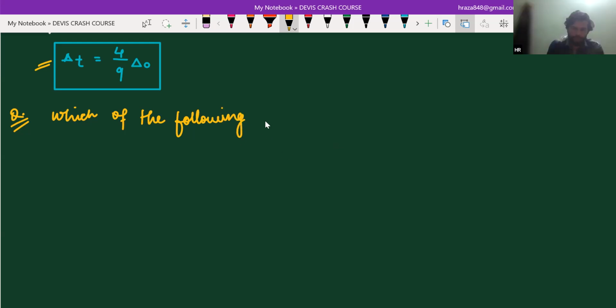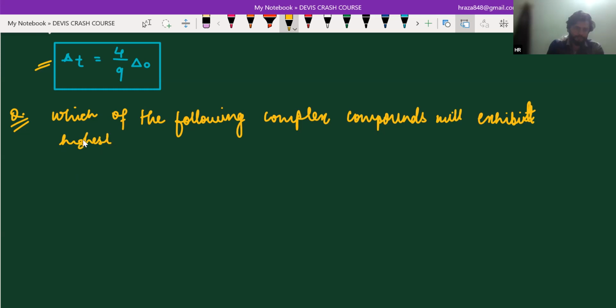Which of the following complex compounds will exhibit highest paramagnetic nature?